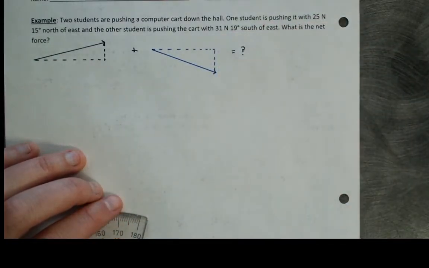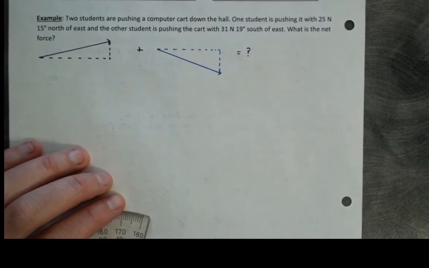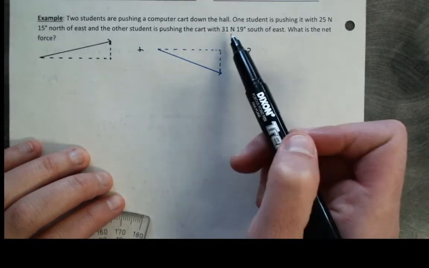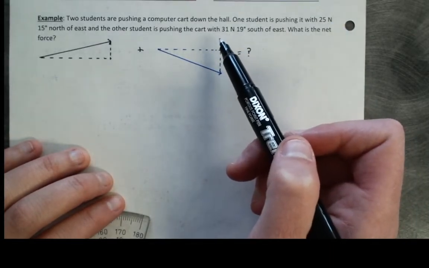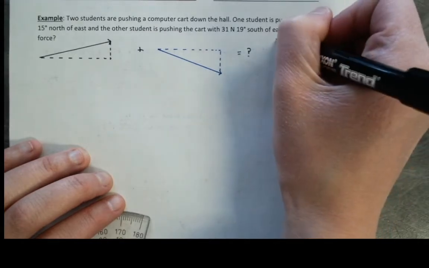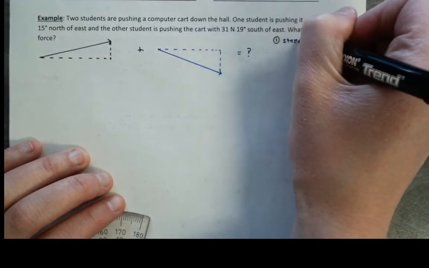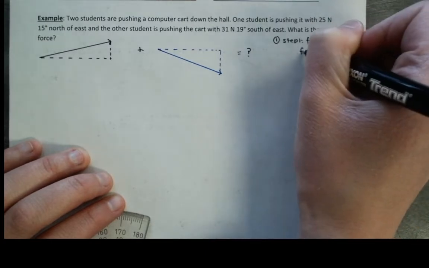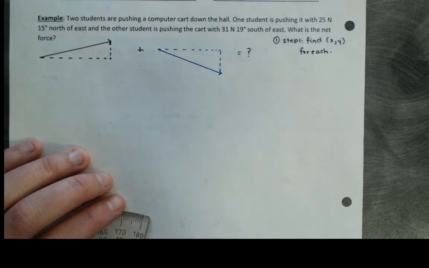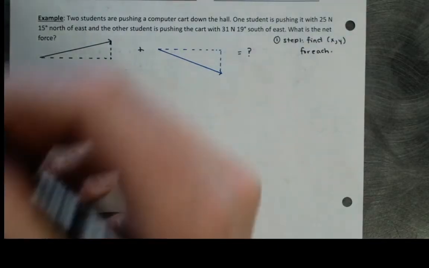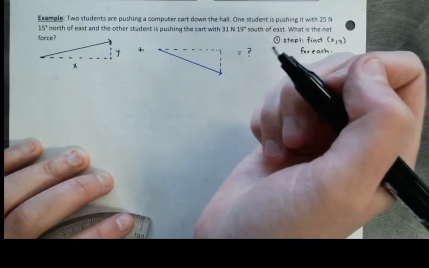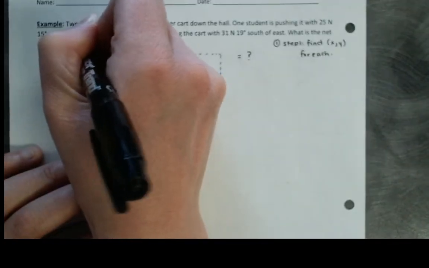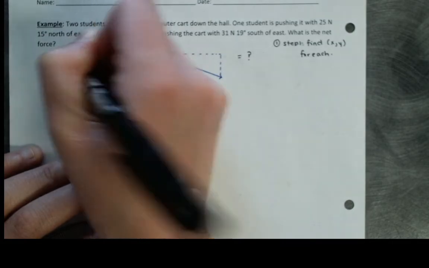Now, in order to add these together, we need to have components first. We can't just add 25 and 31. We need to add them based on their x's and on their y's. So the first step is going to be to find x and y for each. Okay? How the heck are we going to do that? Well, we know that we have a magnitude, so 25 newtons, and we have 15 degrees.